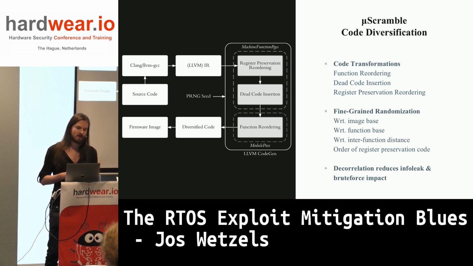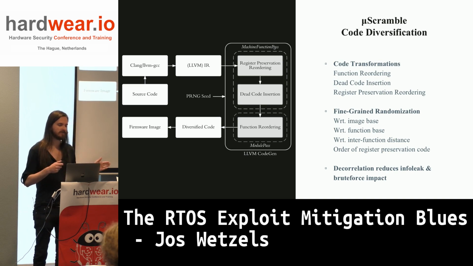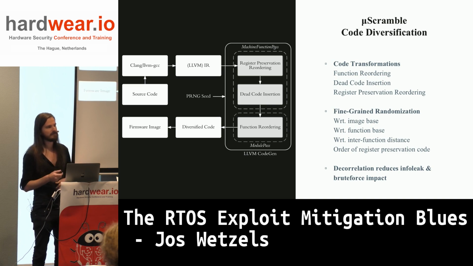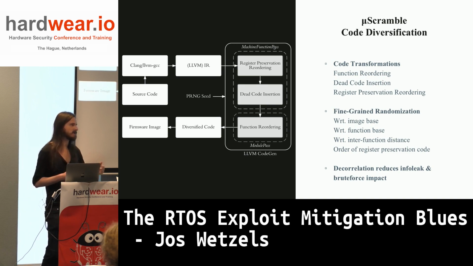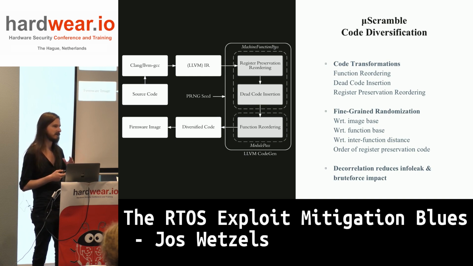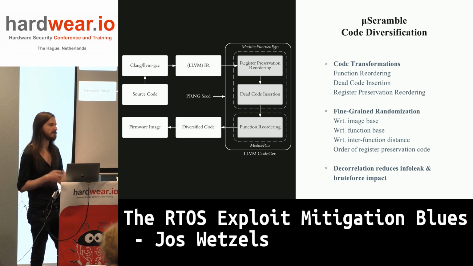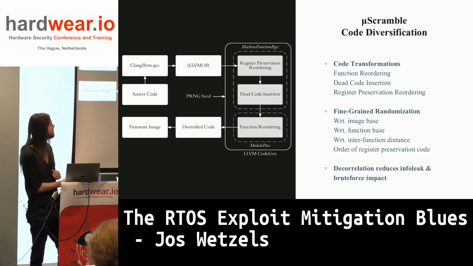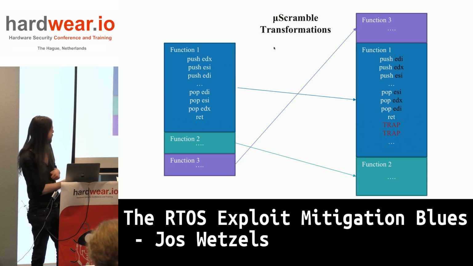And the upside of this is that different memory objects are decorrelated, which means that if you have an information leak which leaks the location of one particular memory object, or you have a brute force attack that manages to discover another memory object, you cannot deduce the location, at least not trivially, from this particular location by means of a static offset.